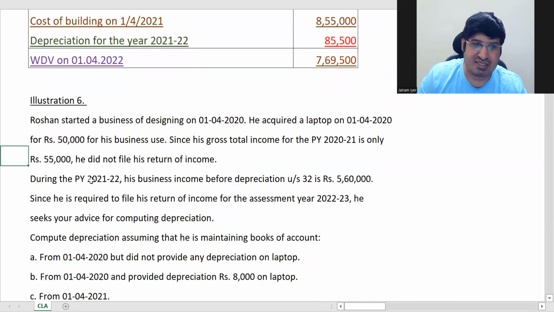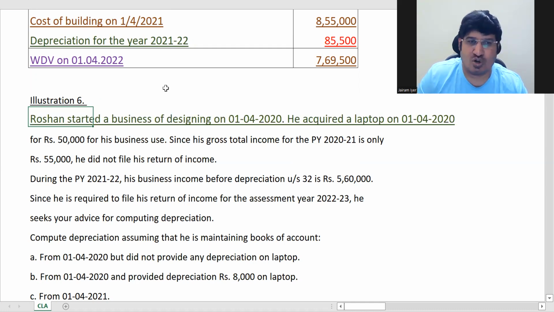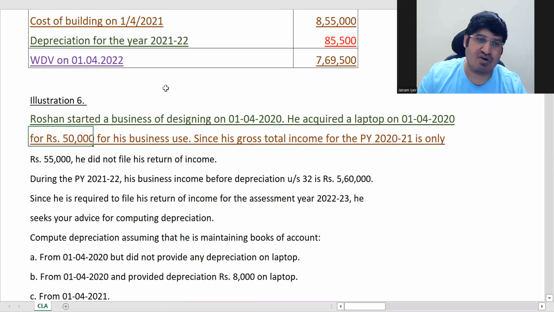And then next is illustration 6. Roshan started a business of designing on 1/4/2020. So he started a business on 1/4/2020 and acquired a laptop on the same date for 50,000 for business use.